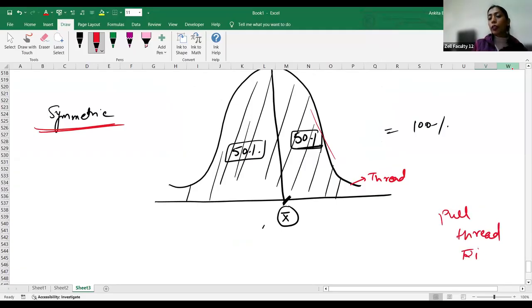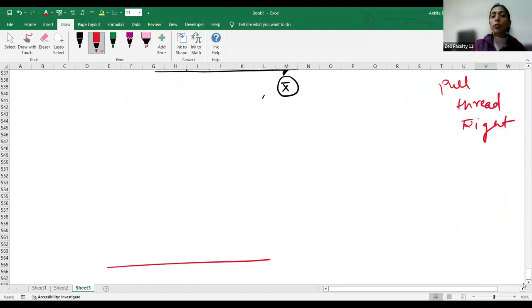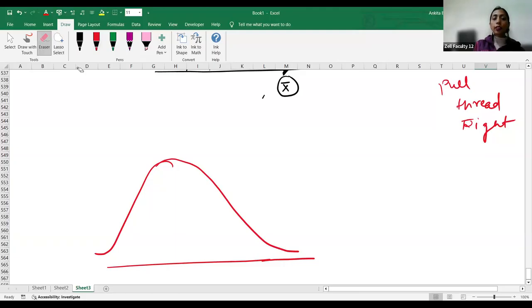You don't have to completely pull it and flatten it out, but if you pull it your side, it would appear something like this.